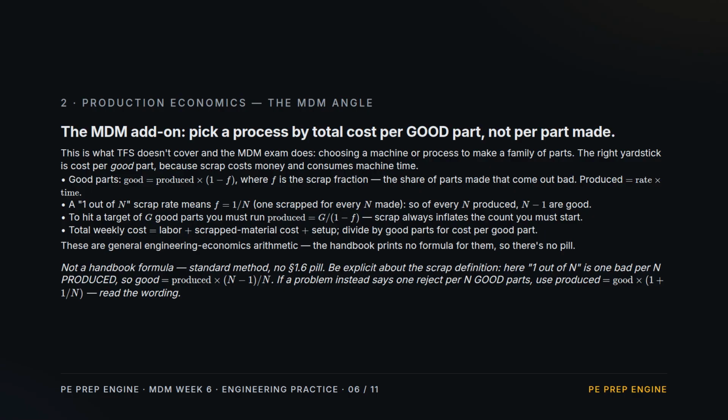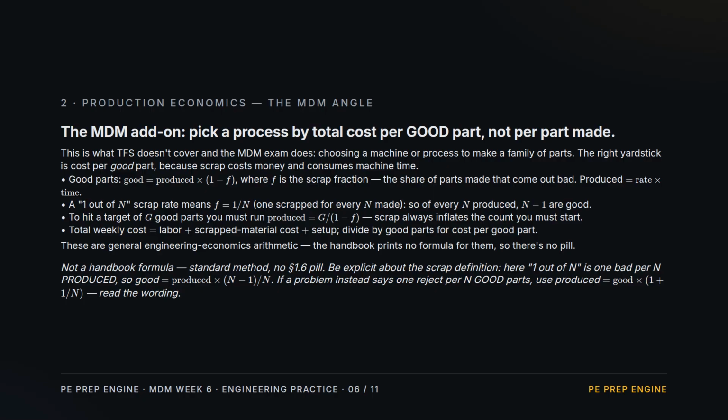Now the MDM-only angle, production economics. TFS teaches the money math. The MDM exam adds the factory floor, which machine or process to use. The yardstick is cost per good part, not cost per part made, because scrap wastes both material and machine time. Good parts equal the number produced times 1 minus the scrap fraction.